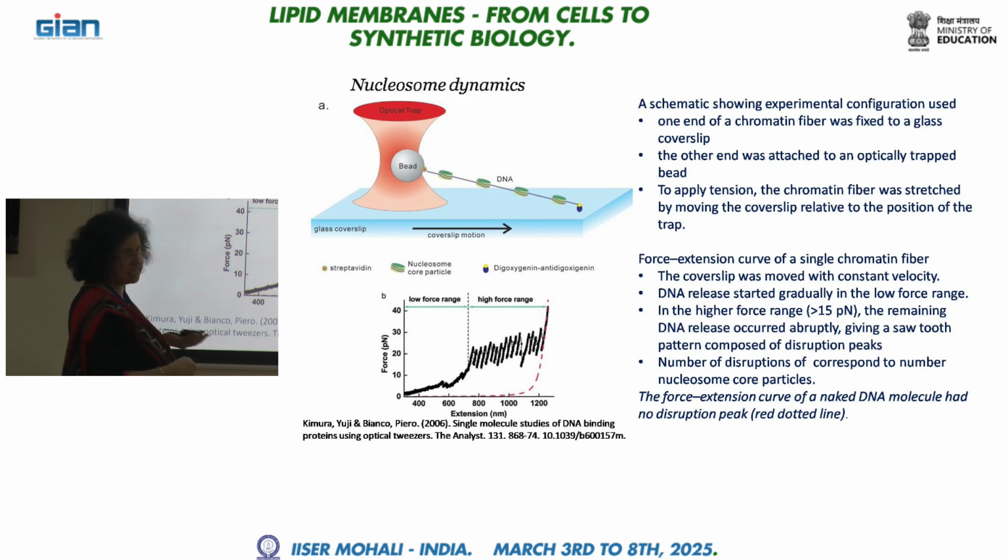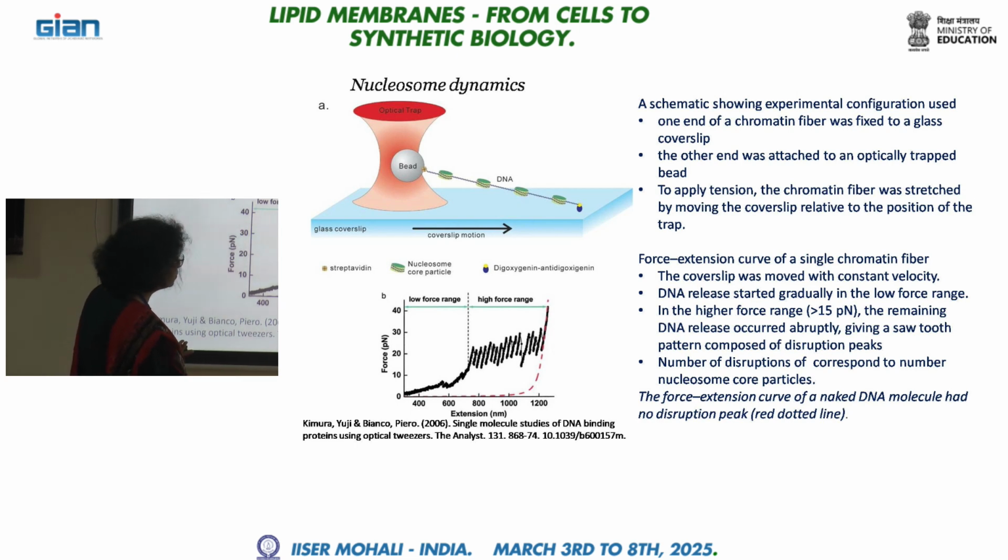Each of these represents a disruption event, which is basically the unfolding, the unraveling, of a nucleosome. If you count the number of disruption peaks over here, it tells you the number of nucleosome core particles which were sitting on this entire strand.